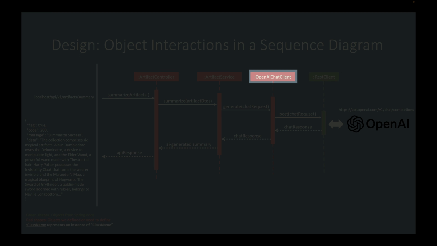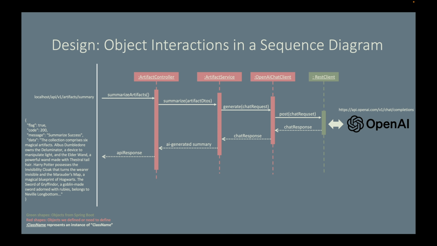It suggests a more specific role focused on the communication aspect, like making API calls, handling responses, and dealing with connection details. Remember, this OpenAI ChatClient does not provide the AI service itself. That's why I'm not naming it OpenAI Chat Service.